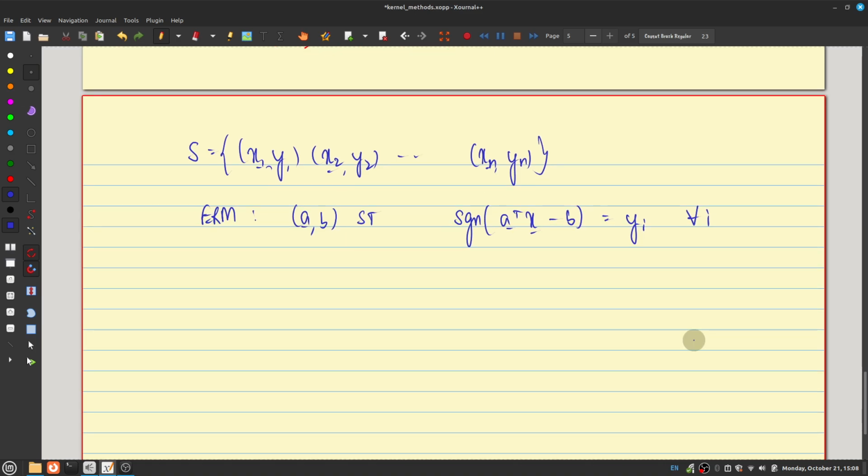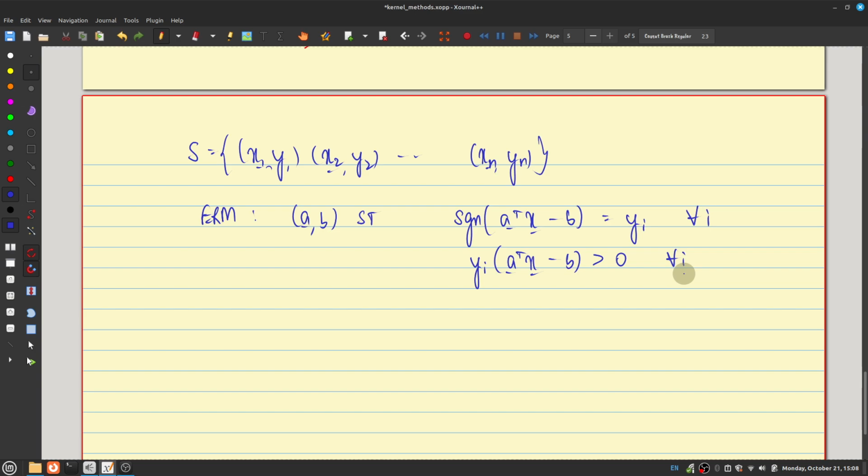Another way of looking at this, and that will be particularly helpful, is that Yi times A transpose X minus B has to be greater than 0 for all i.